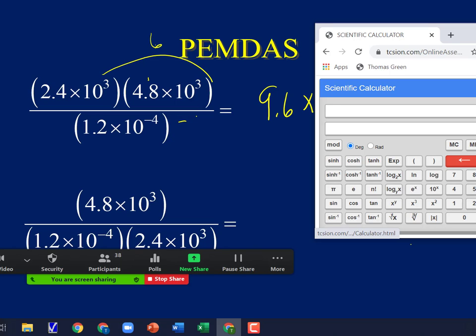Division. 4.8 EXP 3 divided by 1.2 EXP 4 negative divided by 2.4 EXP 3 equals. That just doesn't seem right. And I know it's not right.